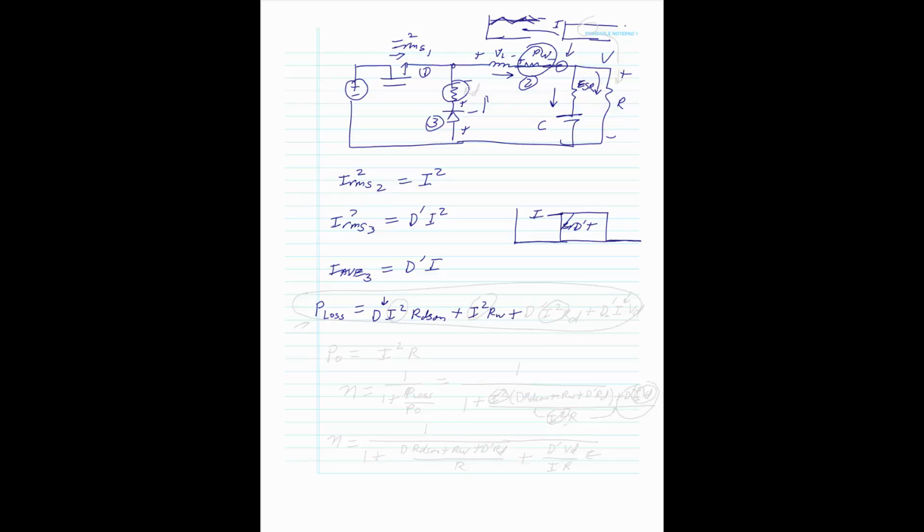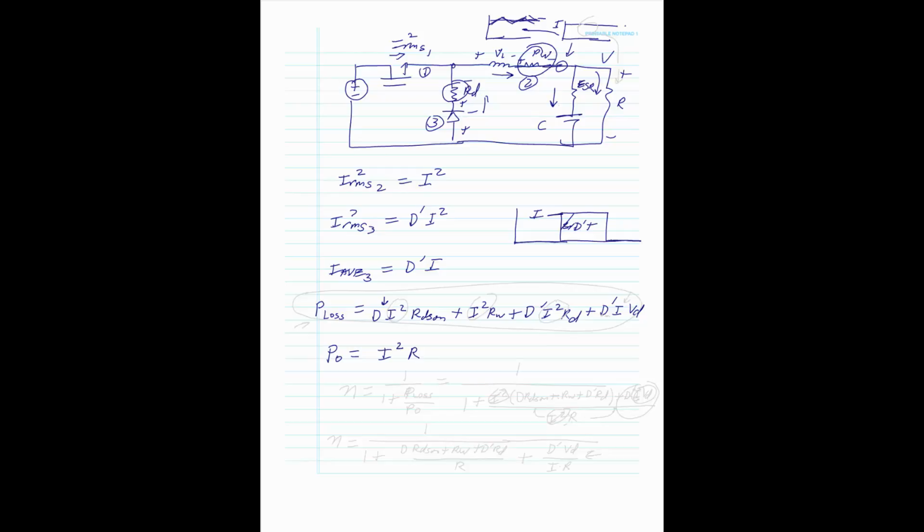The third one was this loss, the RD, and that's D prime I squared RD, plus the average value, D prime times I times the diode voltage. Those are the parameters that we have. What is the power out? Isn't that I squared R?